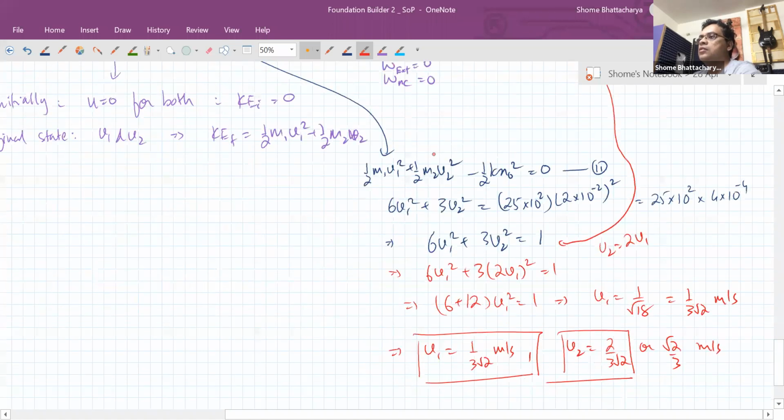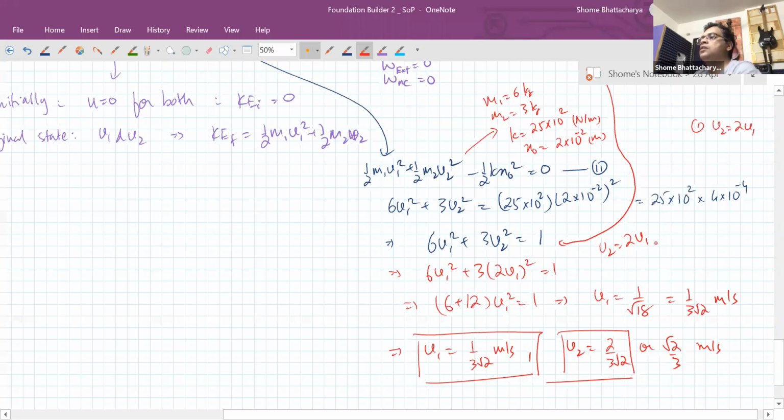So k as 25 into 10 raised power 2 newtons per meter, and x naught as 2 centimeters, so 2 into 10 raised power minus 2 meters. Okay. And then of course equation 1 earlier was giving us that v2 is equal to twice of v1.